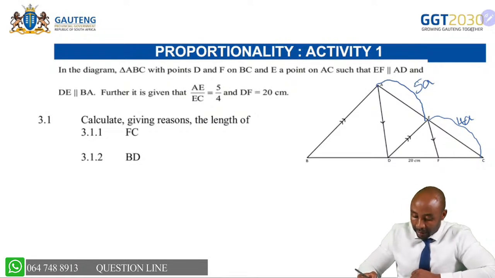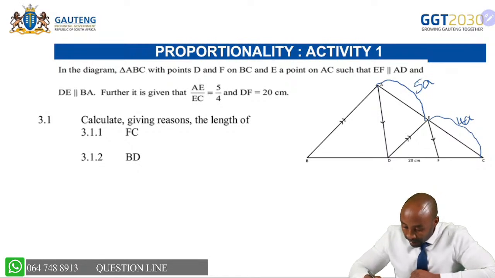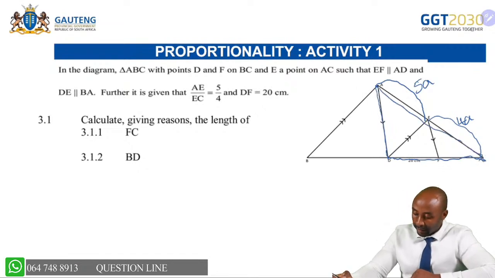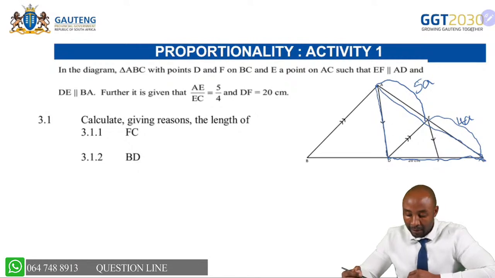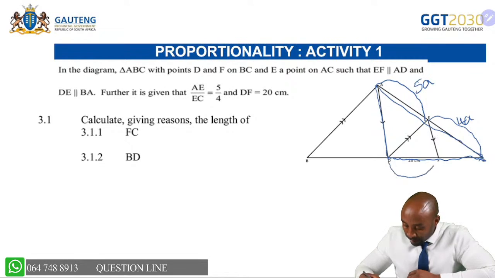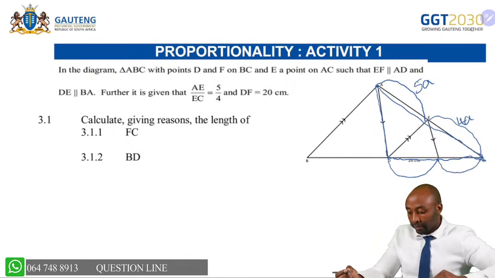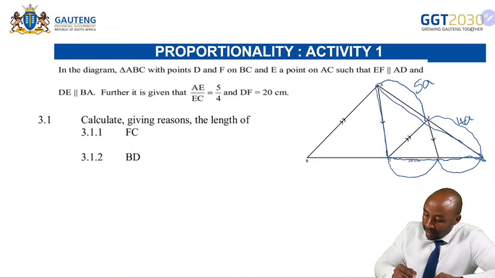The triangle that is going to help us get our solution is triangle ADC. I've highlighted the triangle. Are you able to recognize parallel lines? Yes, I'm able to see that my AD is parallel to FE, and I'm given information about DF as well. So this is a straightforward question.